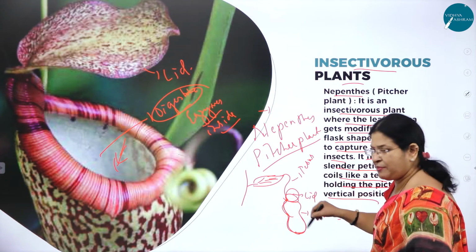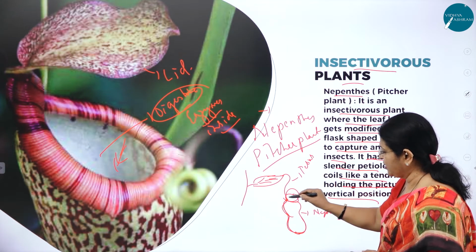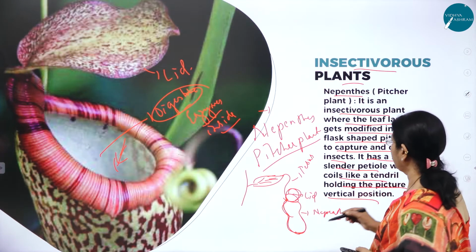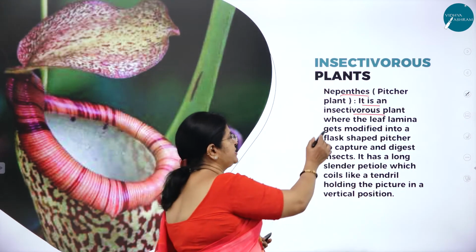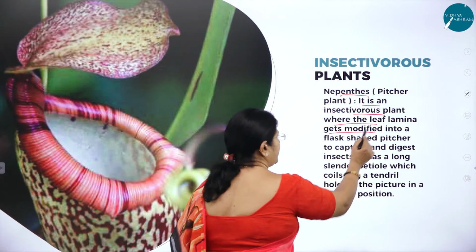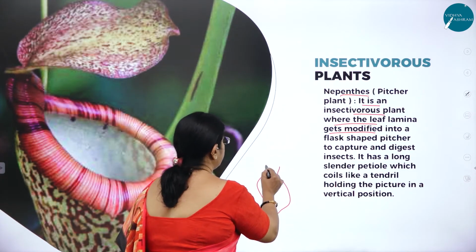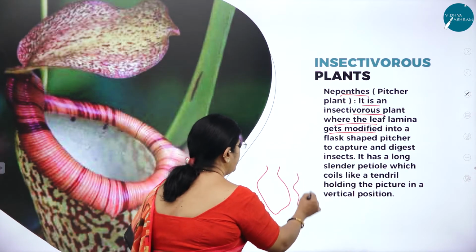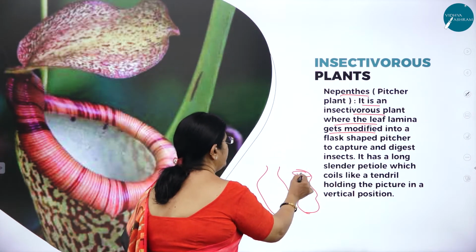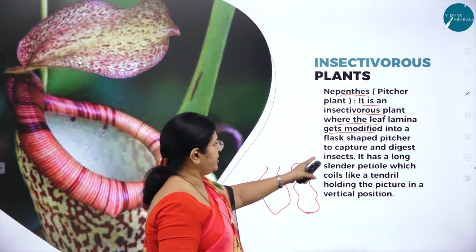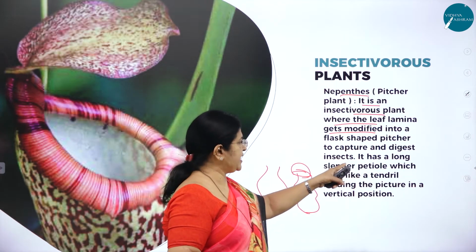So the whole leaf lamina gets modified into a pitcher having a lid-like structure, right? What is Nepenthes? It is an insectivorous plant where the leaf lamina gets modified into a flask-like structure with a lid, to capture and digest insects.